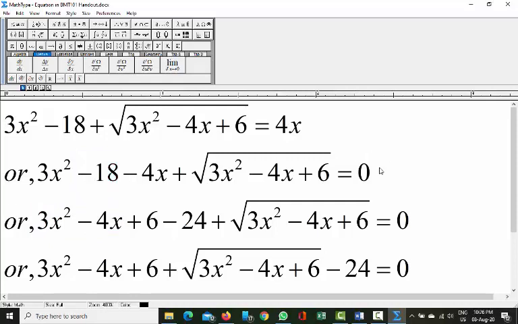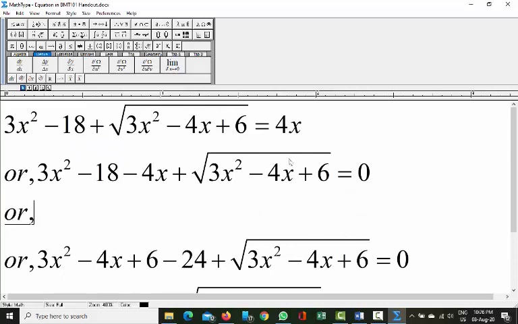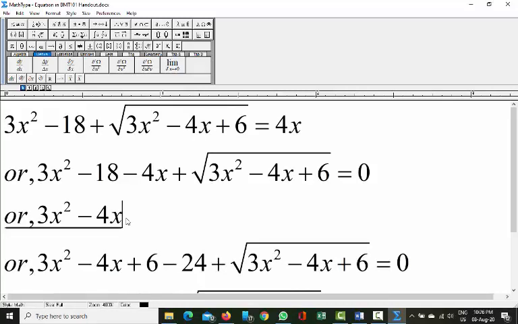So I can write another step here so that you should not get confused. So we have 3x square minus 4x minus 18. So I am just arranging these ones. So 3x square minus 4x minus 18 plus this one is equal to 0.